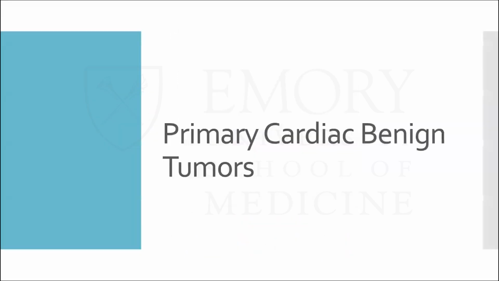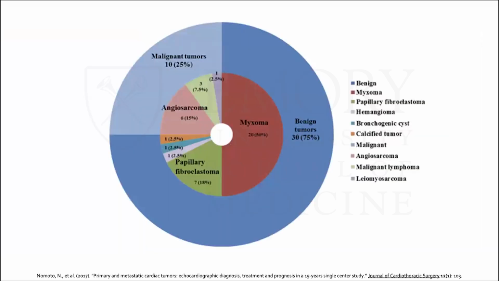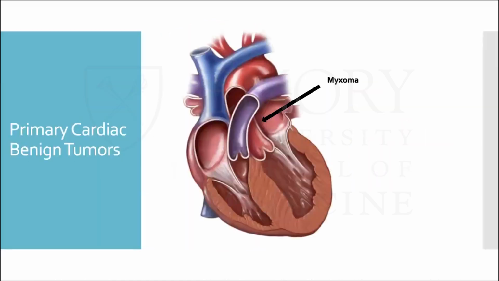Now going into a lighter topic, primary cardiac benign tumors luckily have a better prognosis. And I'm bringing this pie chart back because luckily most primary cardiac tumors are benign, about 75%. And these are largely made up of myxomas, which have a predilection to the right atrium. They normally grow into the interatrial septum, with a pedunculated stalk that extends into the left atrium.